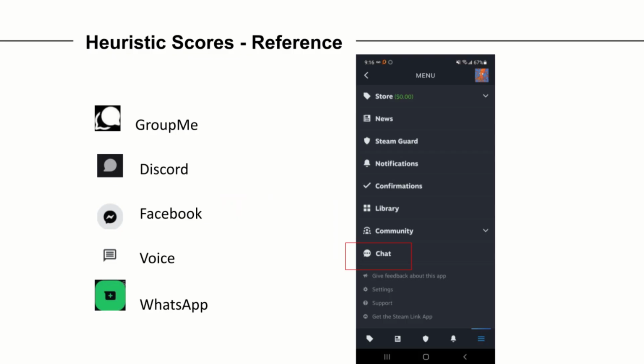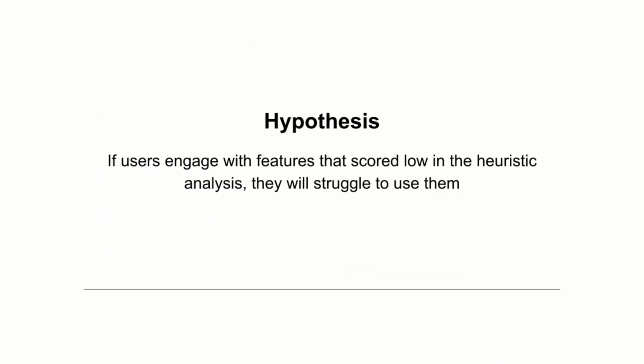Finally, consistency and standards. For many modern social applications, the chat feature is denoted by a speech bubble. And even the Steam mobile app uses this iconography. But the Steam desktop app does not. I applied these ratings to my hypothesis, which I used for the rest of the assessment.